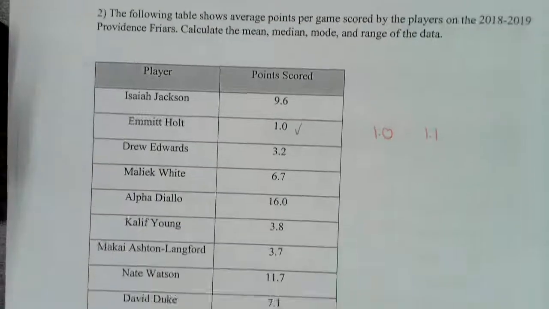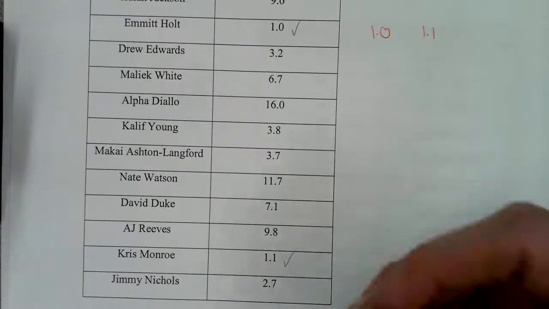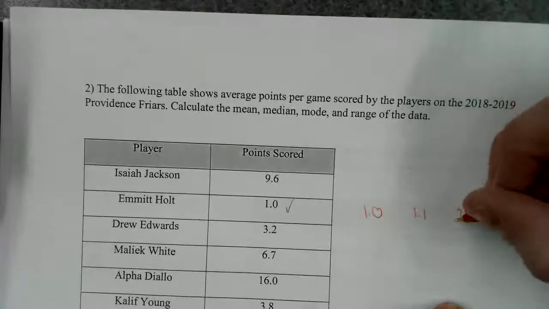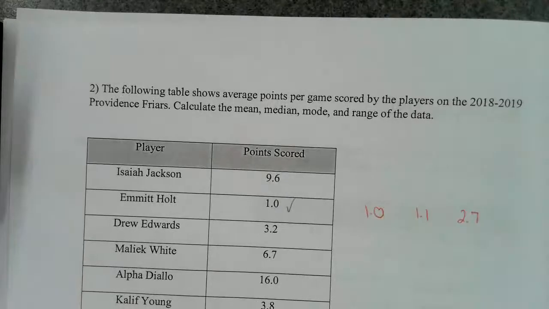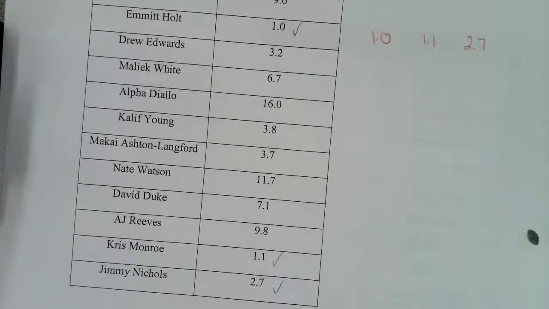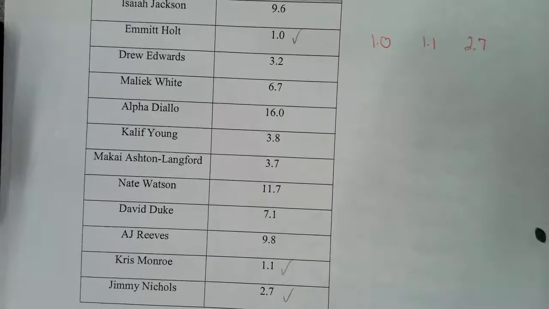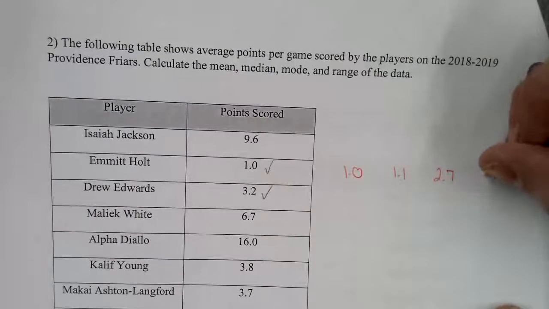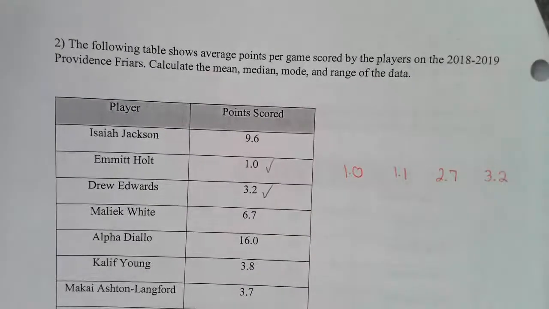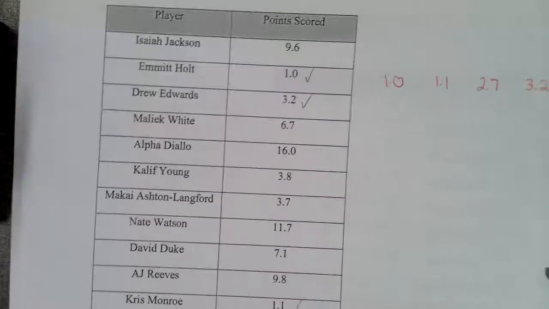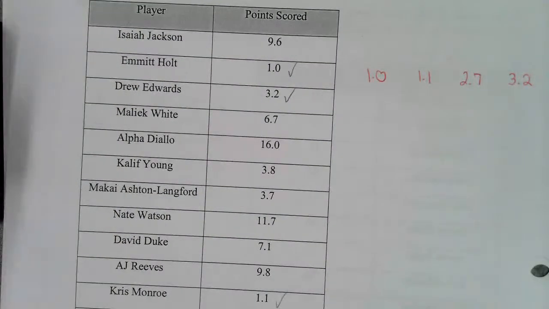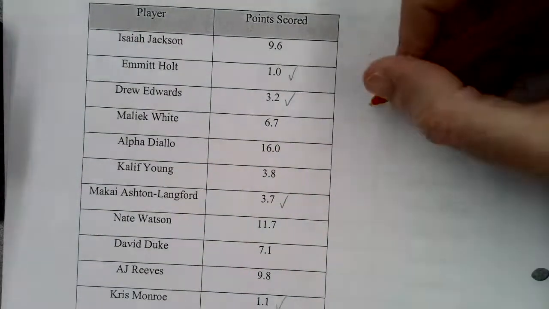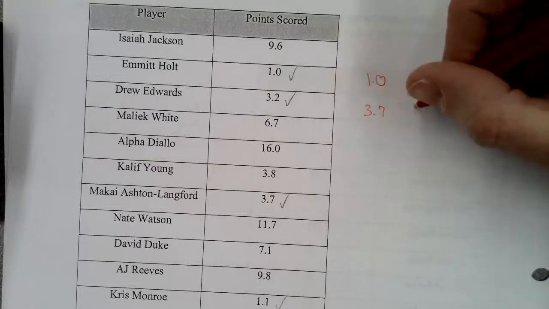Next smallest is 2.7. Next smallest number is 3.2. Then we have 3.7. Then we have 3.8.